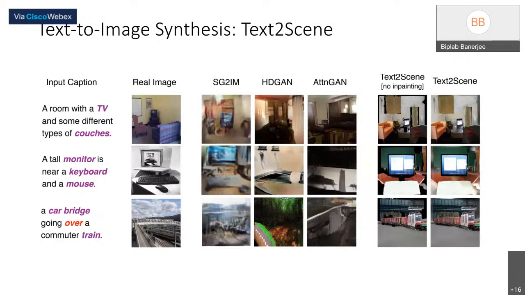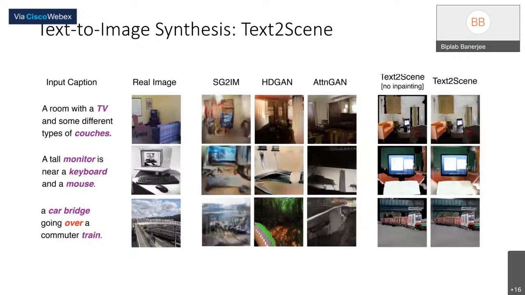In the caption, I just say a room with a TV and some different type of couch, but no other description of the TV or the room or couch is given. So it could have different color, different texture. Also, the relative positioning of these objects could be different. So the model needs to learn very generic concepts out of these objects and the relation between the objects so that it can generate a realistic scene.